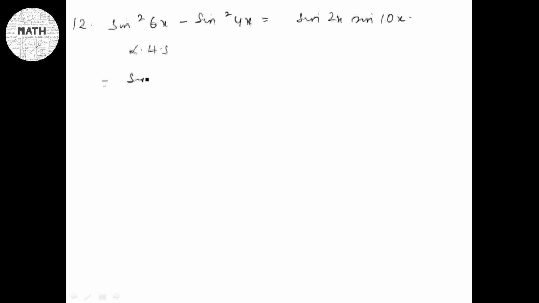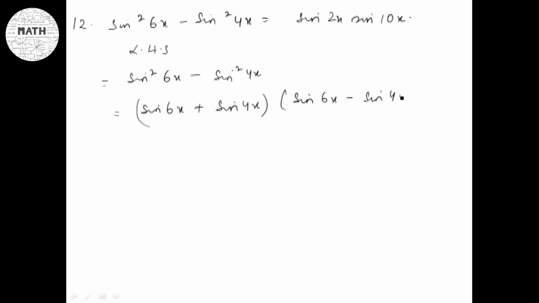I'll get sine square 6x minus sine square 4x, which is the same thing as a square minus b square. So what's the formula? The formula will be (a plus b) and then (a minus b).